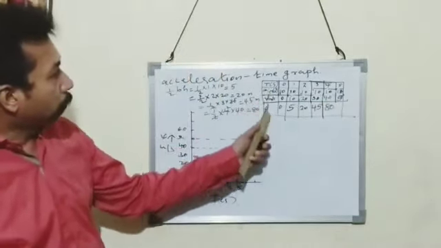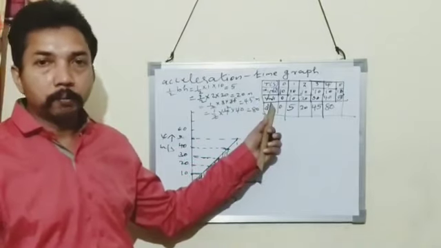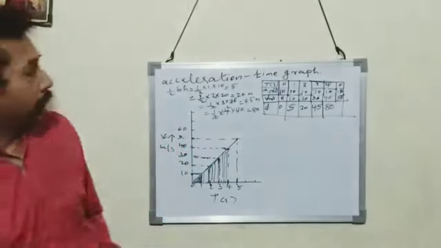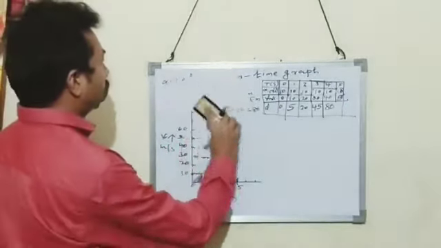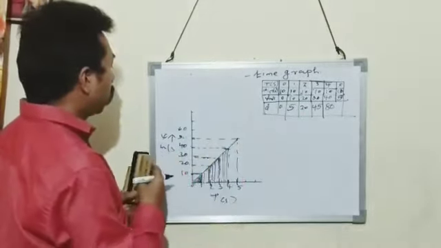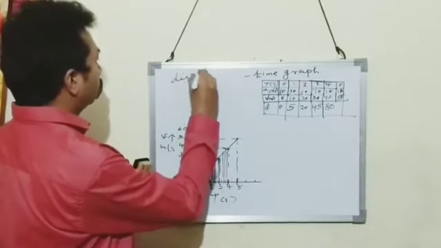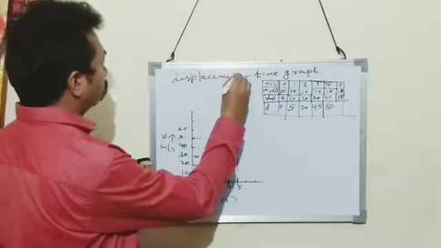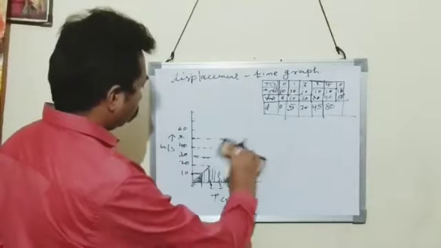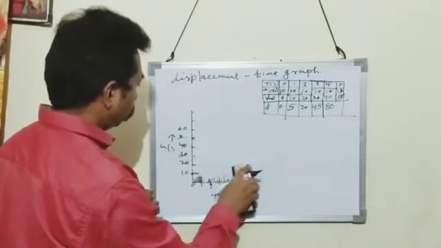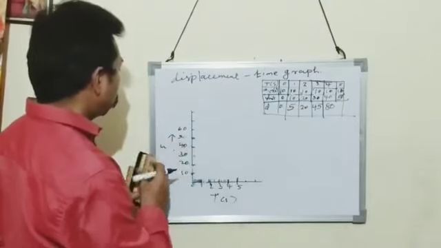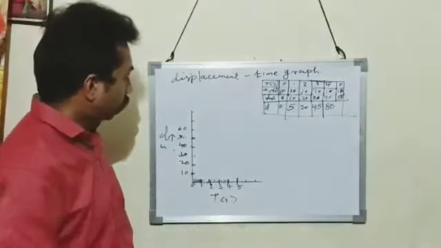So this is a time displacement table of a freely falling body. Now we can plot these points on a time displacement graph by taking time along the x-axis and displacement in meter along the y-axis.